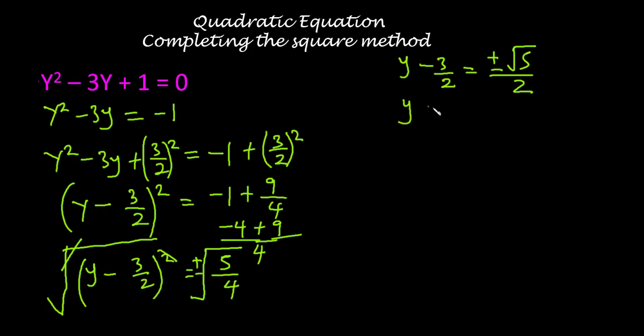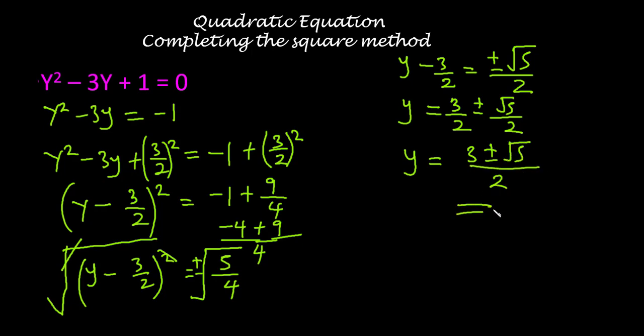When 3 over 2 goes to the other side, it becomes plus 3 over 2 plus or minus root 5 over 2. So we say y is equal to 3 plus or minus root 5 over 2, and that is our final answer.